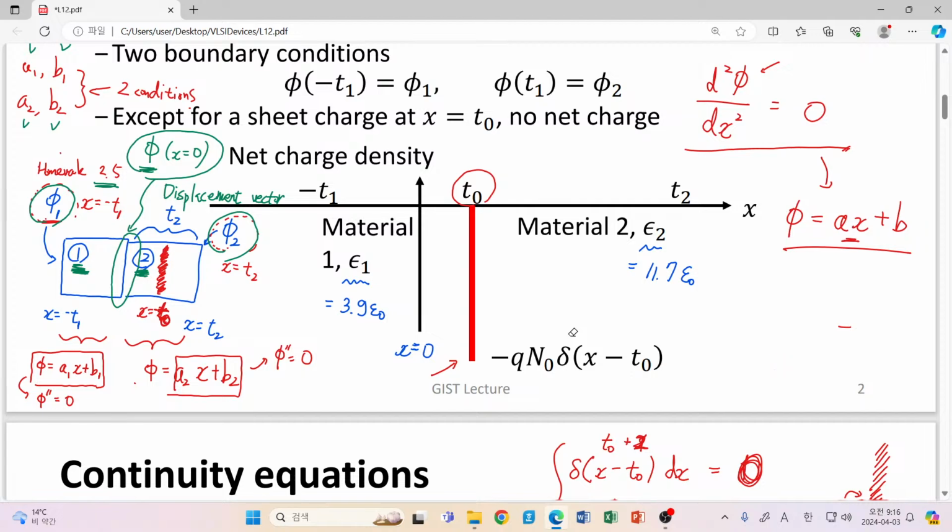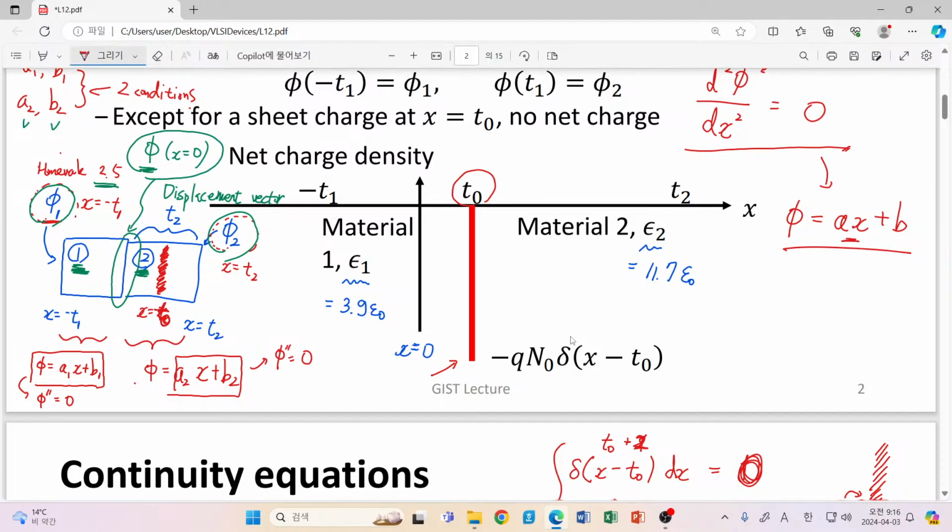When you look at the density we are assuming here, once again n sub naught has the unit of number per square centimeter, and the Dirac delta function gives just the number 1 without any unit when you integrate over the length scale. So what should be the unit of the Dirac delta function?